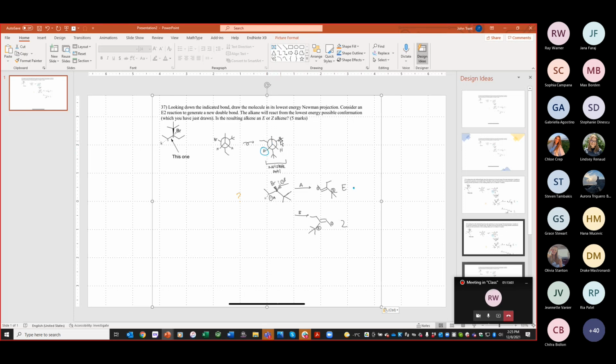As you take off this hydrogen and this bromine, this carbon is going to stay where it is. This hydrogen is going to rotate down to make it flat, and it's going to overlap the tert-butyl group, whereas this ethyl group is going to rotate up to make it flat, because we're going to an sp2 center. So the ethyl group rotates up to be on the same side as the methyl group. The hydrogen rotates down to be on the same side as the tert-butyl group.